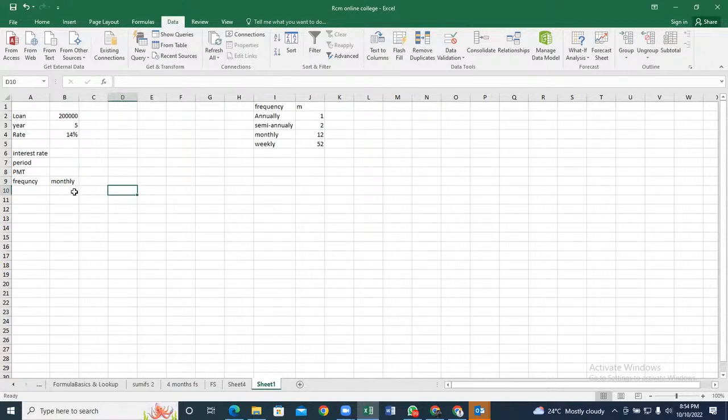So have you been able to create our frequency key? Confirm if you've now been able to create your frequency key. How many of us have been able to create their frequency keys? The drop-down list whereby you can now change from monthly to semi-annually, weekly.